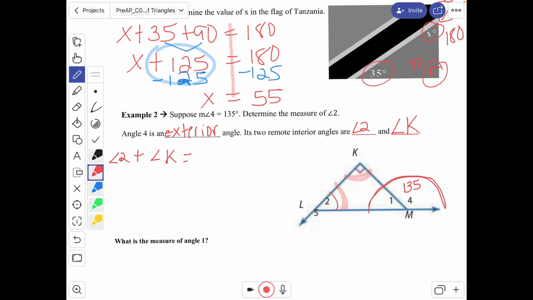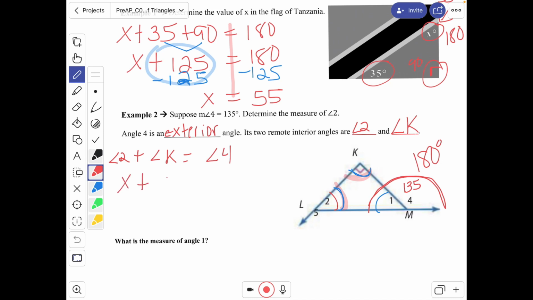So if we put these two angles together, they're going to equal a straight line, which is 180 degrees. And if I put all of these angles together, the interior angles, they also equal 180 degrees. So that means that angle 2 and angle K together will equal the same as what angle 4 is.